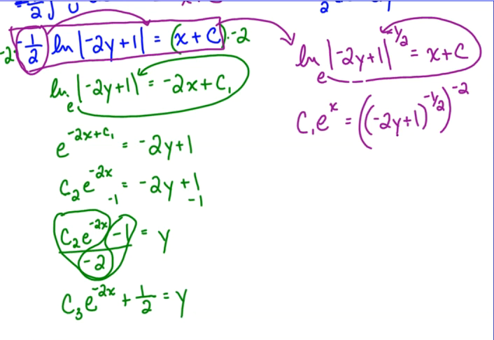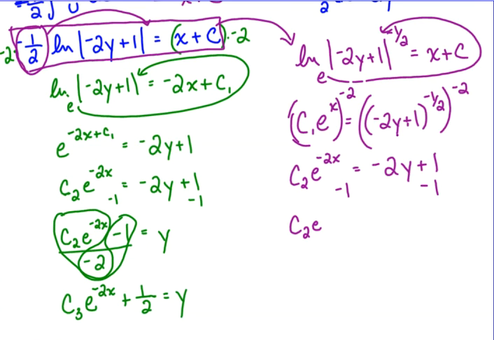So the -2 power, both sides raised to the -2 power. So c1 to the -2 is another constant. That's e to the -2x. Well, look, we're right back where we were. Same boat. So just two different ways of looking at it. You can use properties of logarithms, or you can just roll with it the other way, because we got the same thing right here.